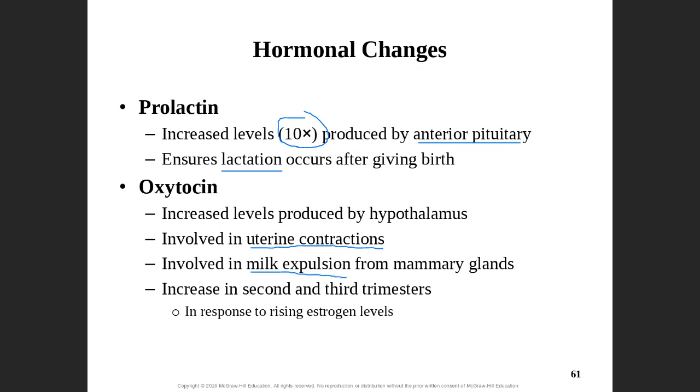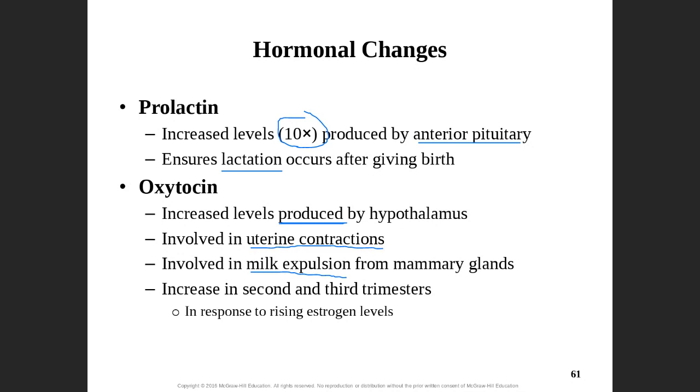If you remember, oxytocin is produced by the hypothalamus, but then the hypothalamus releases it into the posterior pituitary where it's stored, and it's the posterior pituitary that will secrete the oxytocin. So we'll see the hypothalamus producing large levels of oxytocin.